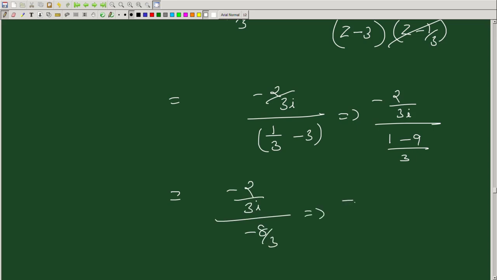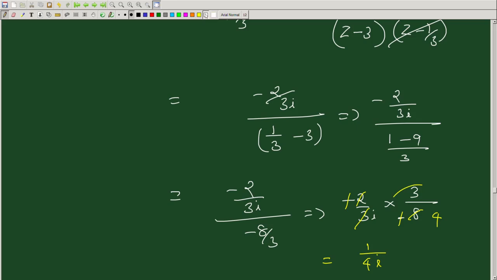You can write minus 2 by 3i into 3 by minus 8. I can cancel the 3, the negative, and even the 2. It is 4, right? So the value is 1 by 4i. So the residue is 1 by 4i.